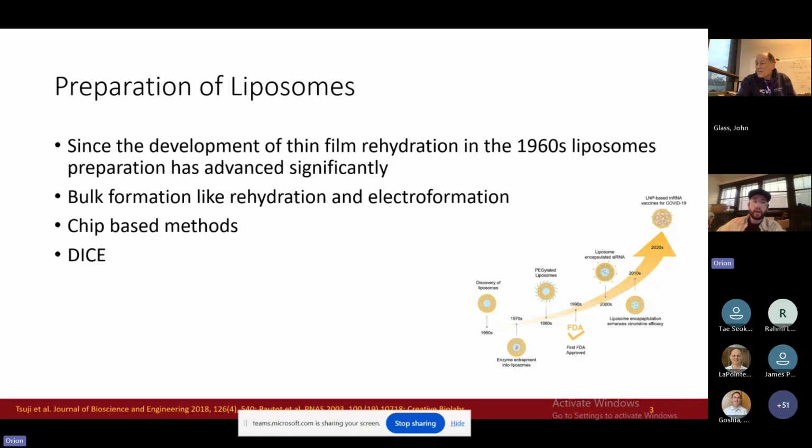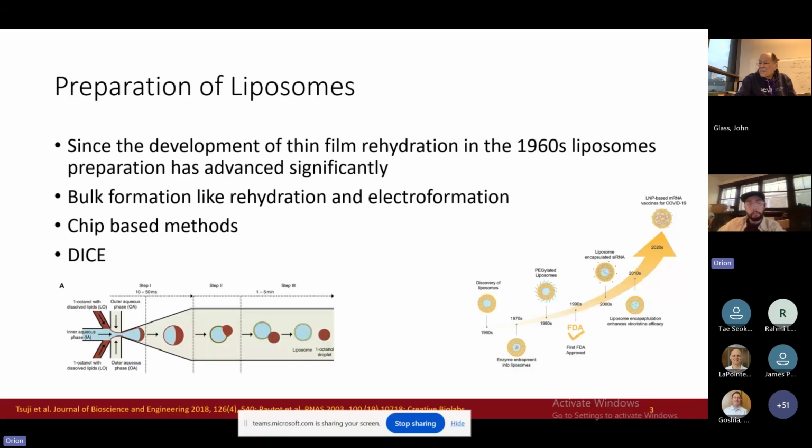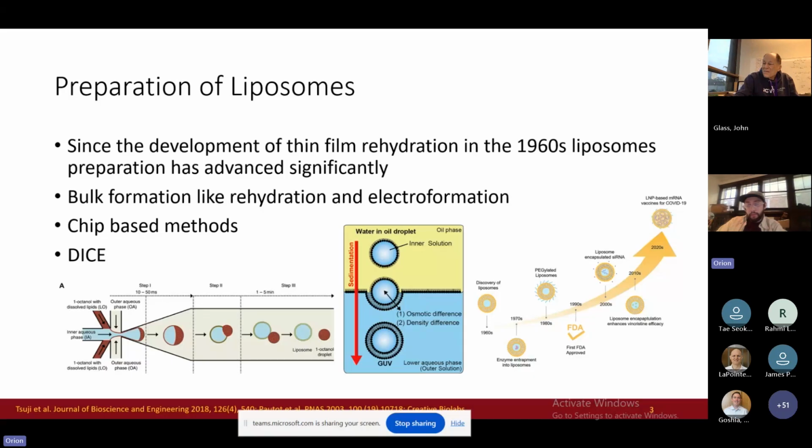We now have chip-based methods or DICE methods, which I'll get into in just a second. We can build them on a chip, we can build them in a column. The methodologies have certainly expanded, and they all have particular cases that they're suited for.